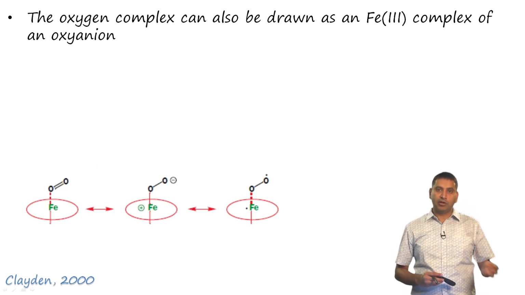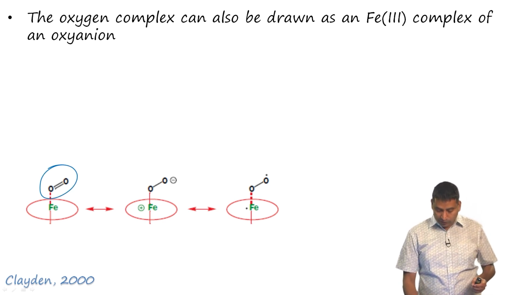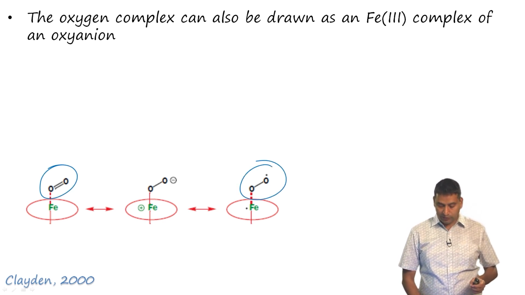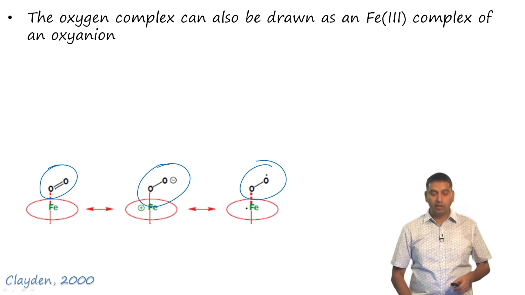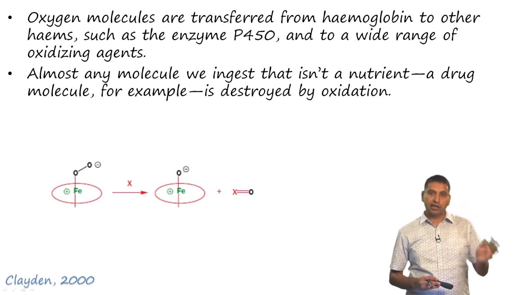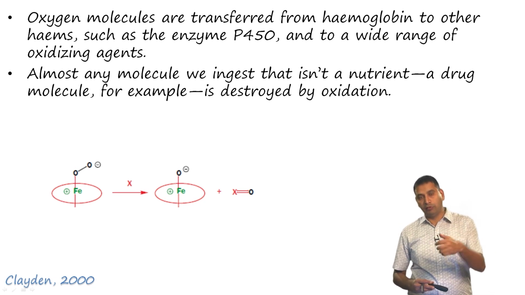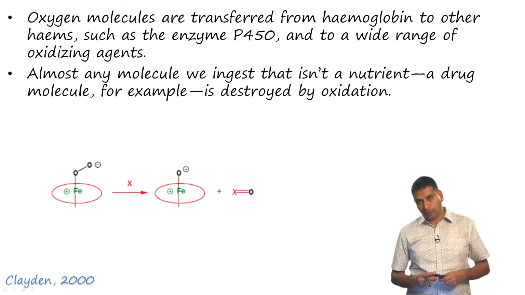The oxygen complex can also be drawn as an Fe3 complex of the oxyanion. So, here is the oxygen complex, here is the resonance form of it, and it can be drawn as an oxyanion. Oxygen molecules are transferred from hemoglobin to other hemes such as P450, which we shall encounter very shortly, and to a wide range of other oxidizing agents.